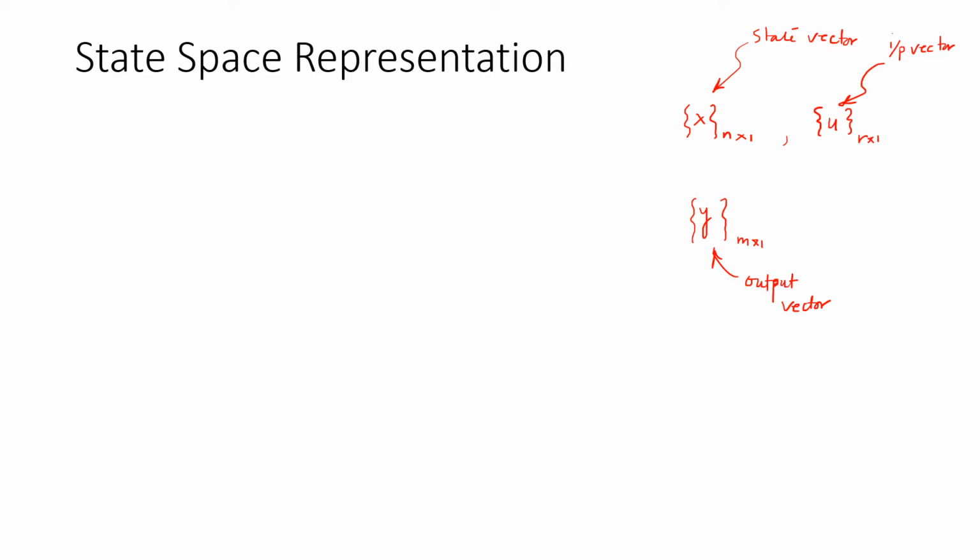But the issue is that you may have nonlinear and linear state space representation. So for nonlinear, you are going to define it like this: the dynamic equation is x dot, which is a vector of the first derivatives of the states, equal to a function which takes into account the vector x, the vector u, and obviously it is time dependent, so I'm going to write that down as well.